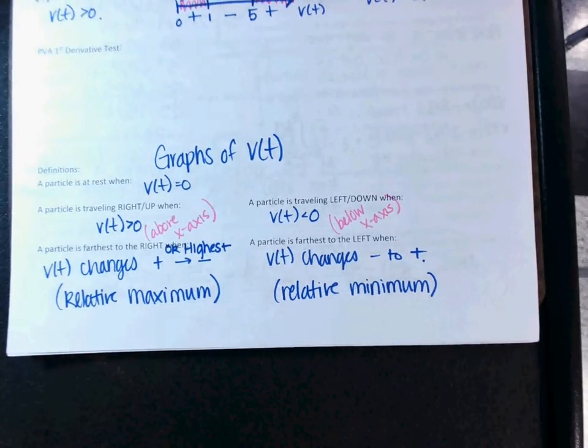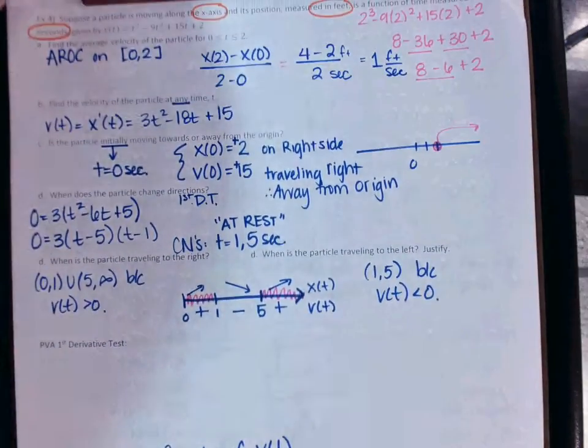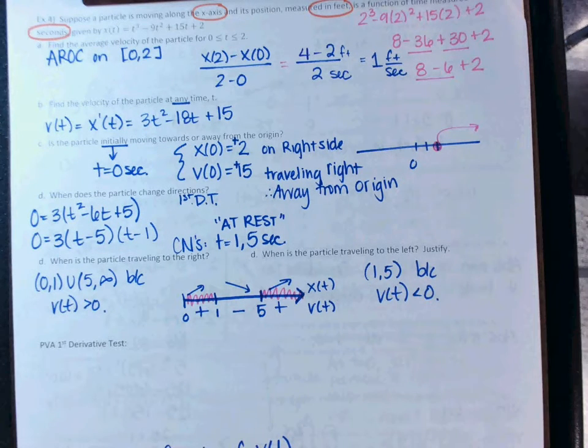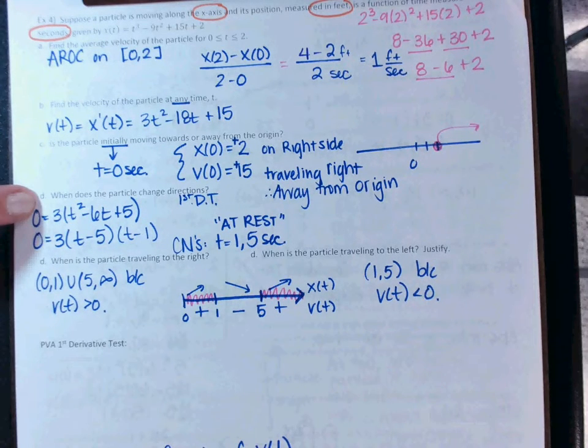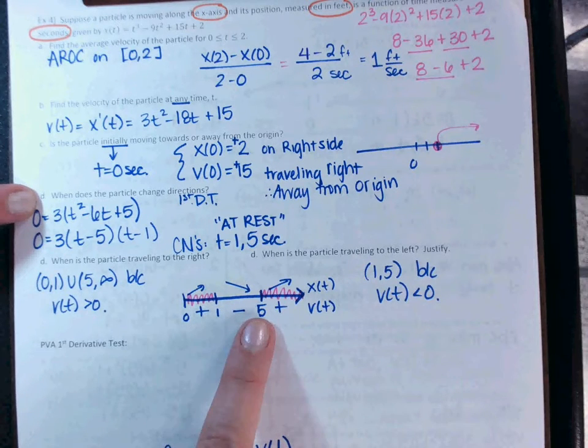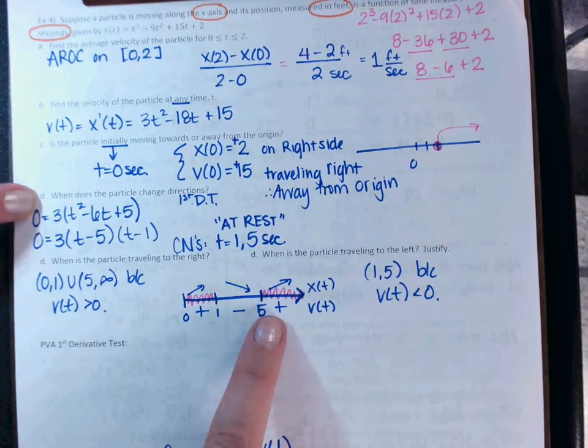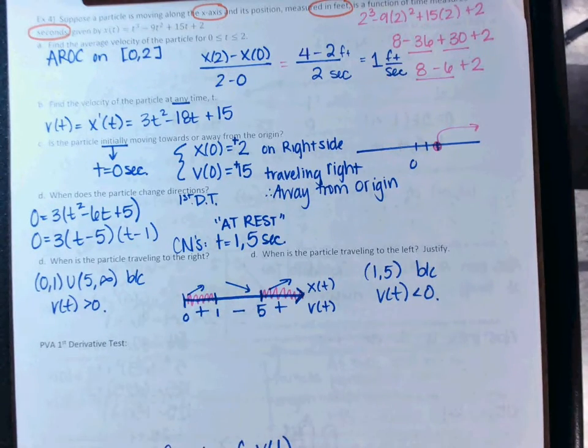Okay, so that's a good question. So up here, I should have justified. So look at part D again. It says, when does the particle change direction? Did we have sign changes at 1 and 5? Yes, right? It went plus, minus, plus. So I did not actually finish answering that question.